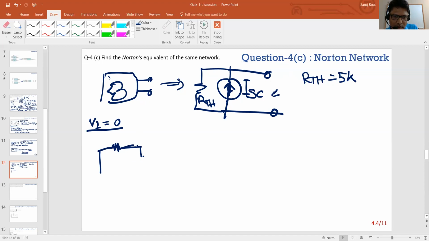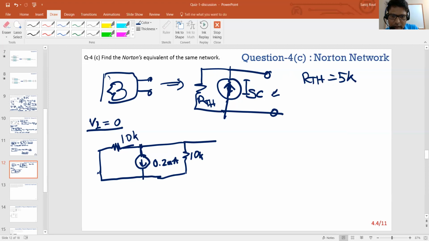You get 10K, and that's your 0.2 milliamp source, and then you get another 10K here. So that's your network, right?